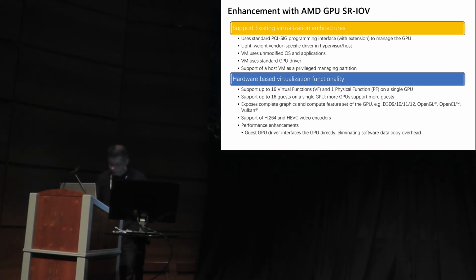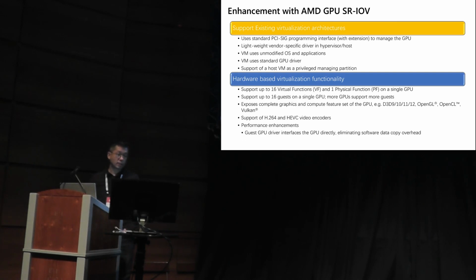On one GPU, you can support 16 guest VMs, and more GPUs will support more guests. In the guest, you have the whole feature set of the GPU, like DirectX, OpenGL, OpenCL, Vulkan, and you also support H.264 and HEVC encoding.